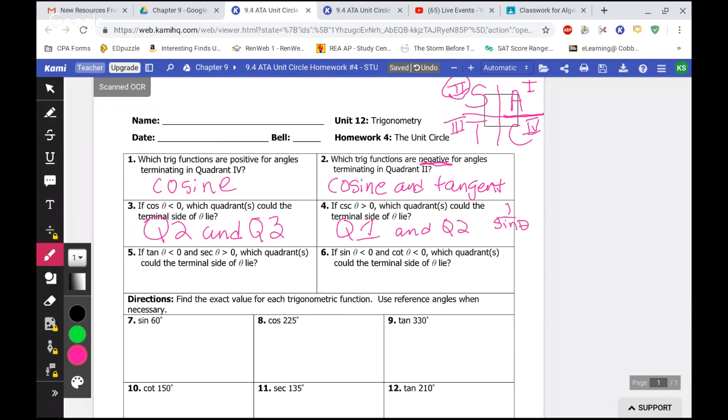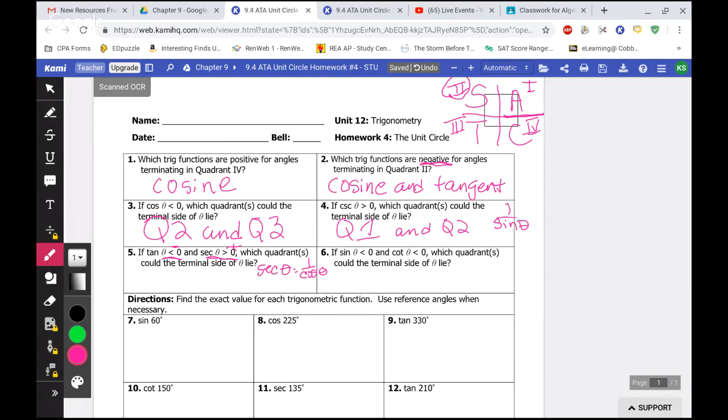If tan is less than 0, meaning tan is negative, and secant is greater than 0, and secant theta is the reciprocal, 1 over cosine theta. So we're looking for where this is positive and this is negative. So let's figure out where tan is negative first. Well, tan is positive in quadrant 1 and quadrant 3.